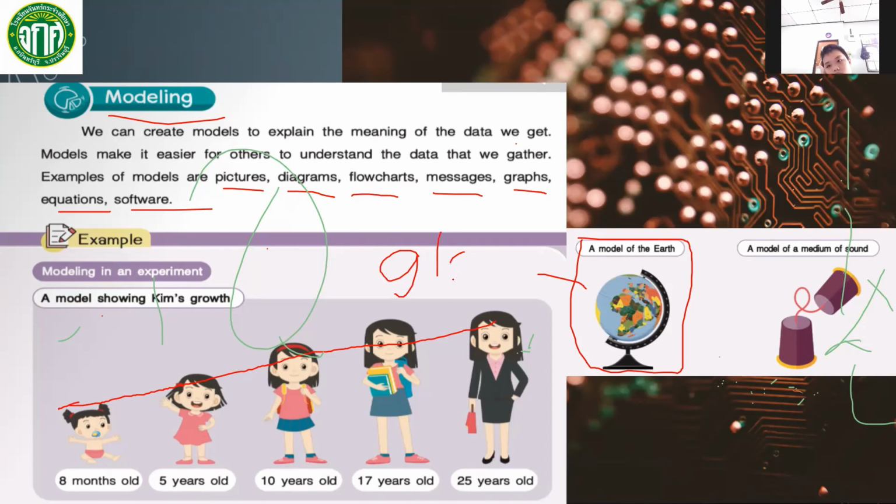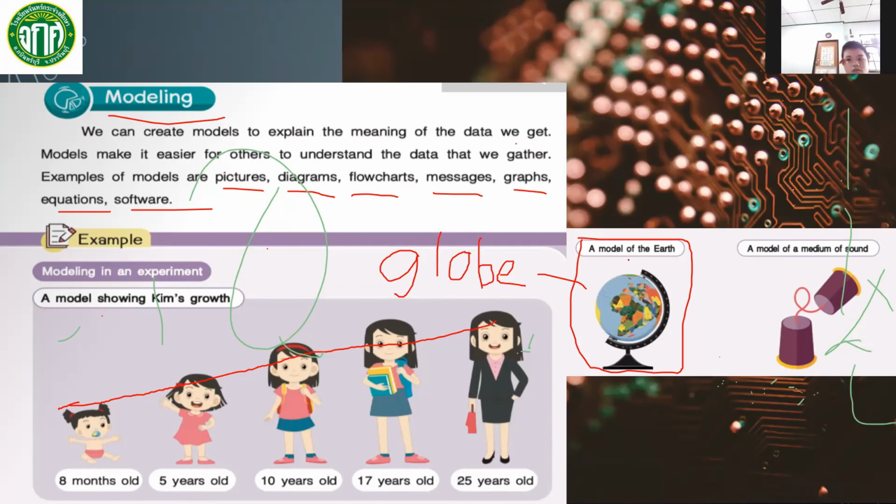Yes or no? It spells as globe. Okay, so again, follow teacher. Globe. Globe. Okay, so we call this a globe.